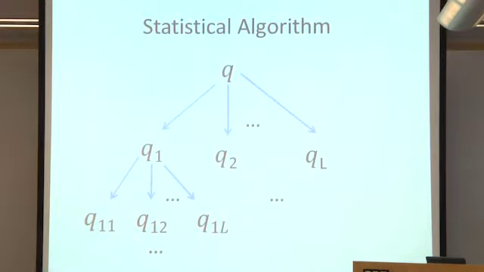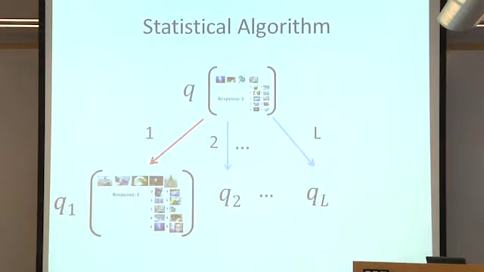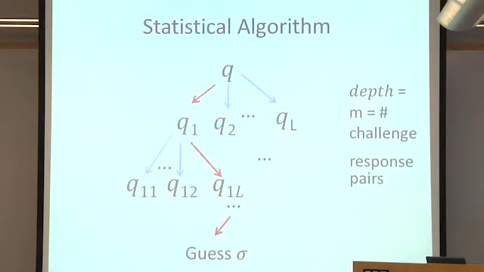Just to review, a statistical algorithm is any adaptive strategy that the adversary might use, where he picks a query function, gets a random challenge response pair, and applies the query function to that challenge response pair to select one of L different results. He continues traversing his tree by selecting a new query function adaptively, drawing a new challenge response pair, and at each leaf of the tree, he has to output a guess for the secret mapping.